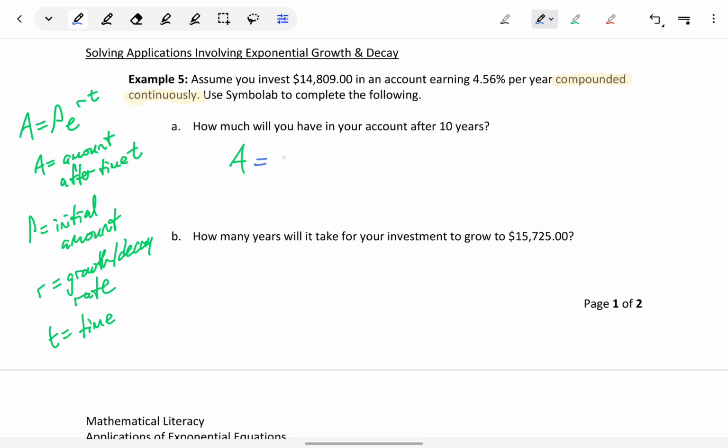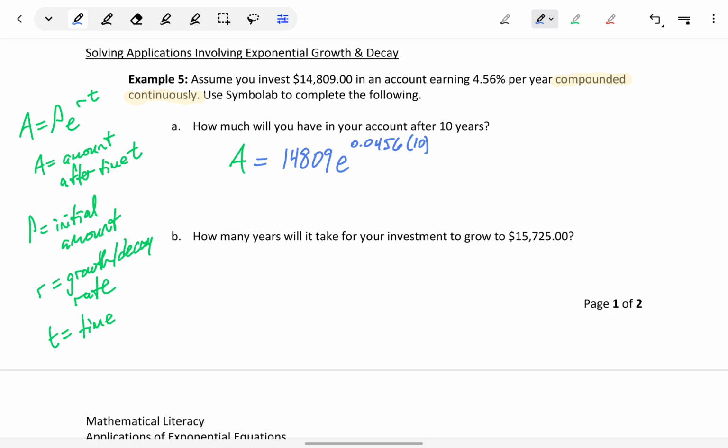And this will be equal to 14,809, the amount that we're investing, times E to our interest rate of 0.0456, once we convert that to a decimal, times T equals 10 years.